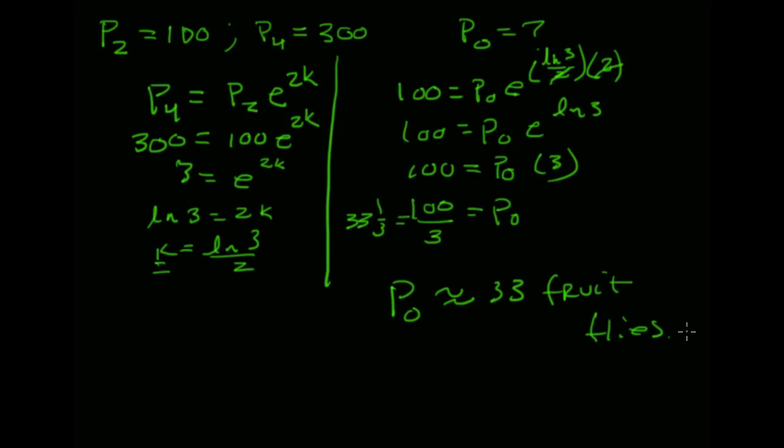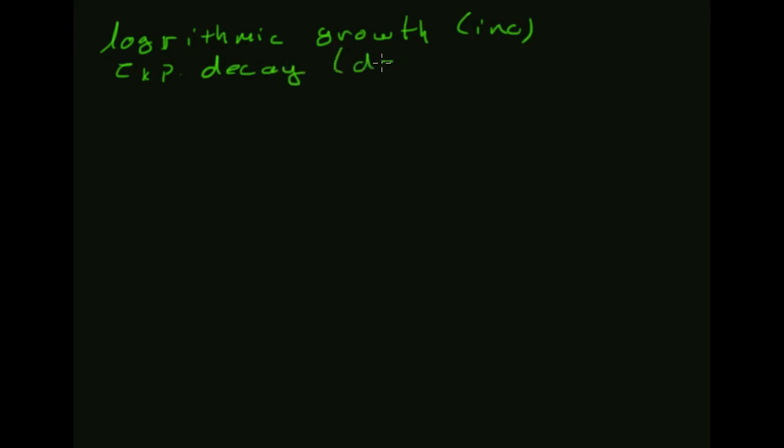Okay, so let's look at the second type of growth here. We're going to call it logarithmic growth, and in some cases it's also called exponential decay. So if I have logarithmic growth when increasing, or exponential decay when decreasing, the picture is basically this.